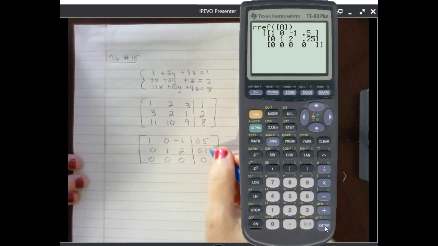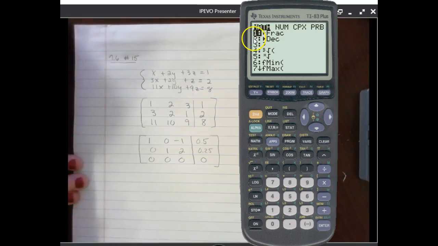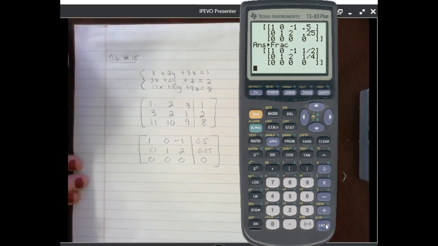We can convert these to fractions if we want to, and we can do that on our calculator also. If you go to math, this is going to convert a decimal to a fraction if it's possible. Enter, and you can see it will do that for us. So either way, we can come up with fractions or we can use our decimals.